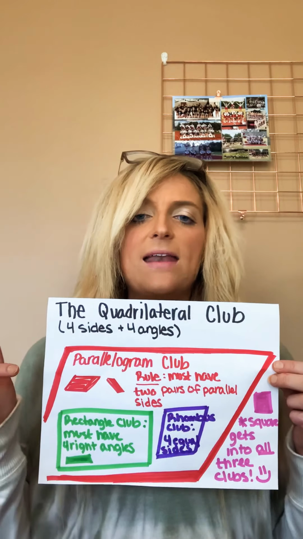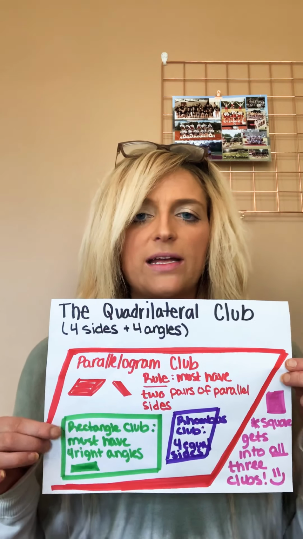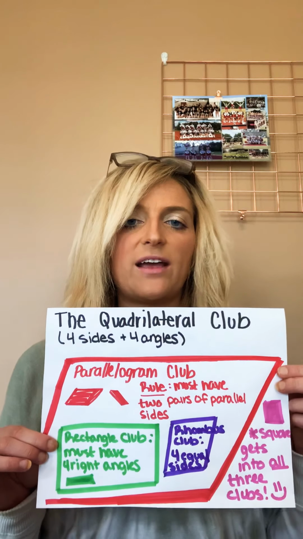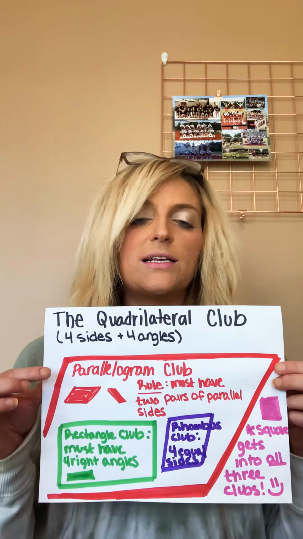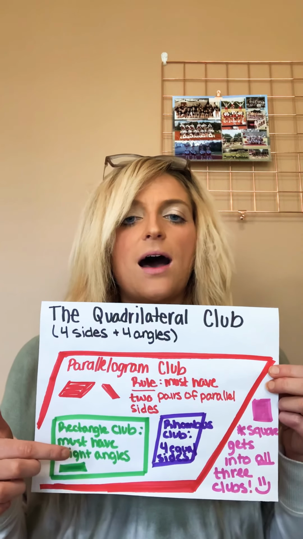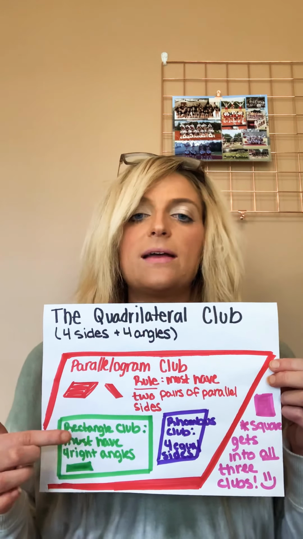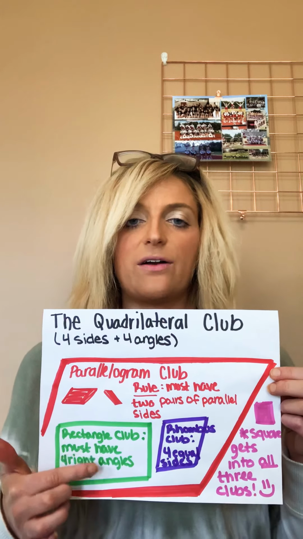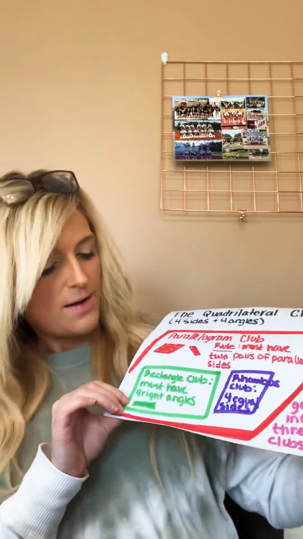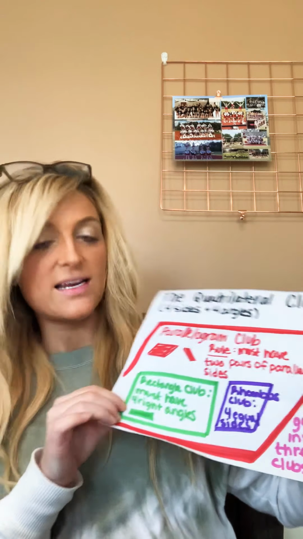Okay, and then as we get closer down into the rectangle club, things are going to get a little bit more specific. So the rectangle is part of the parallelogram club. That's why he's on the inside. But a parallelogram is not necessarily a rectangle. He doesn't fit that category because a rectangle has to have four right angles.